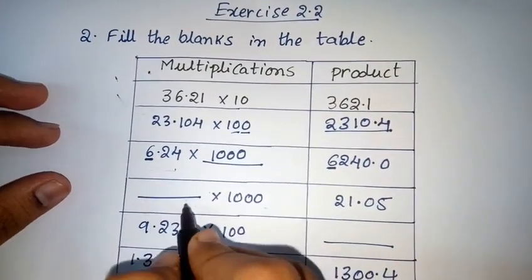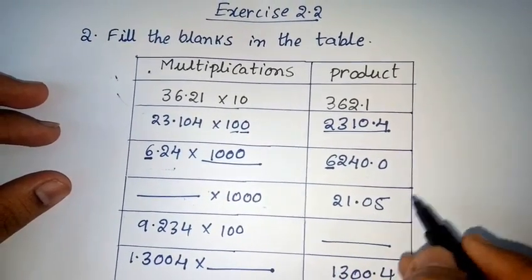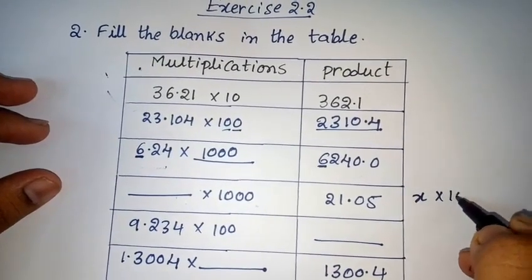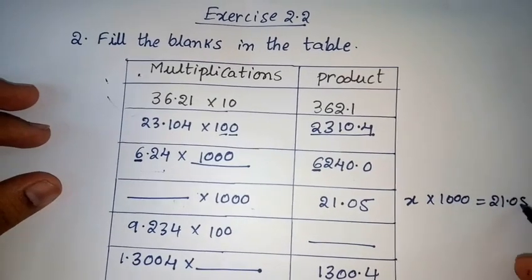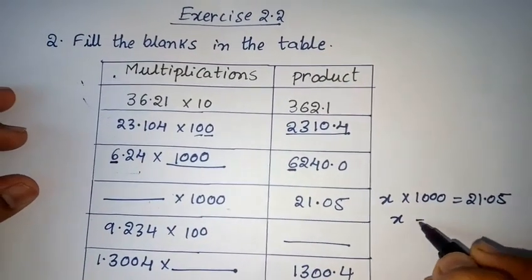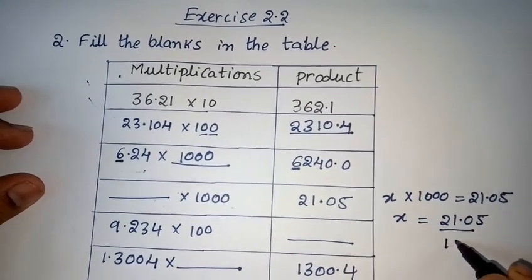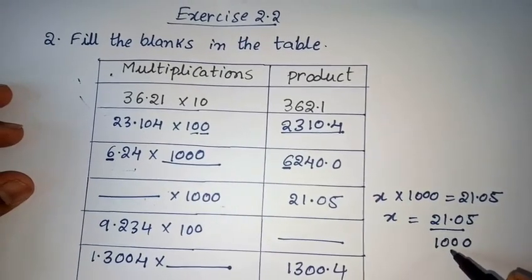Next one, dash into 1000 is equal to 21.05. So consider the blank as x: x into 1000 is equal to 21.05. Now find the x value. 21.05 divided by 1000. In the denominator 1000, 3 zeros are present.